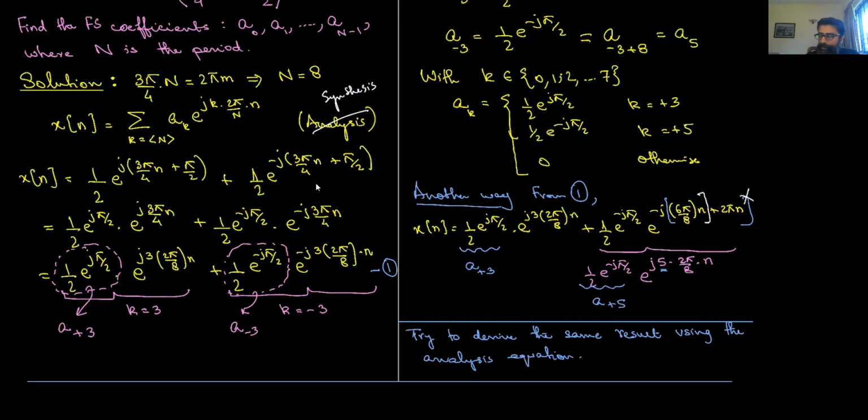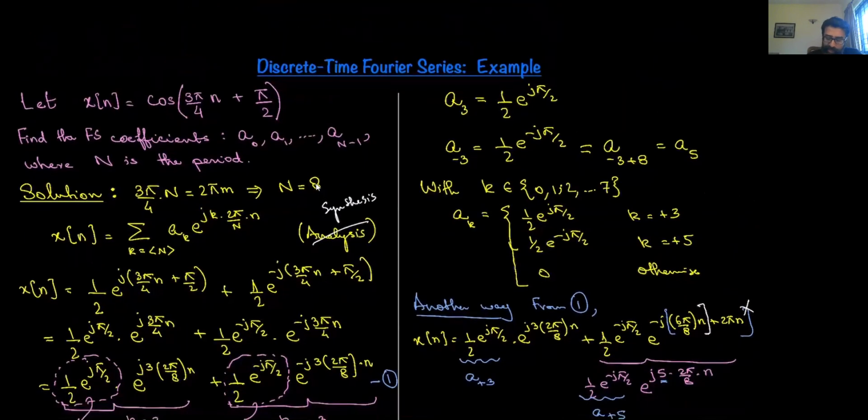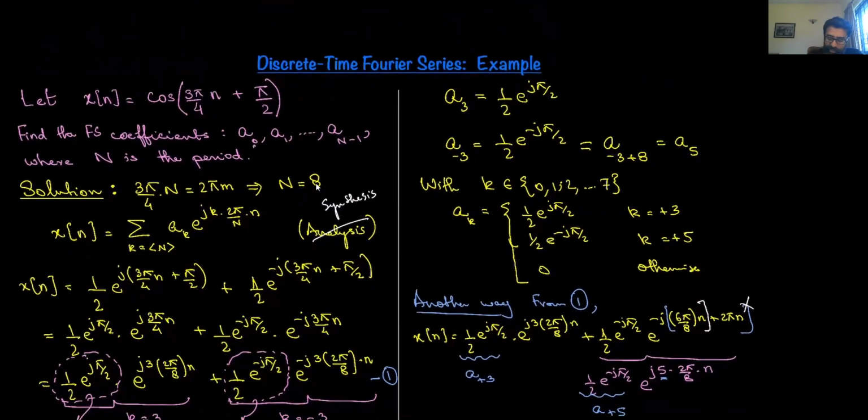No questions? Okay, so writing that a_k is this for k equals 3. The reason is that I said you need to determine the Fourier series coefficients only in the interval 0 to n minus 1. Okay, so I need to determine a0, a1 all the way up to a7.